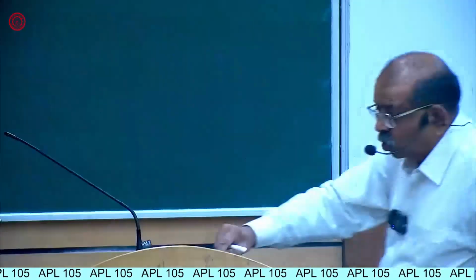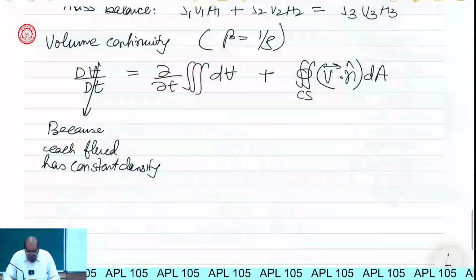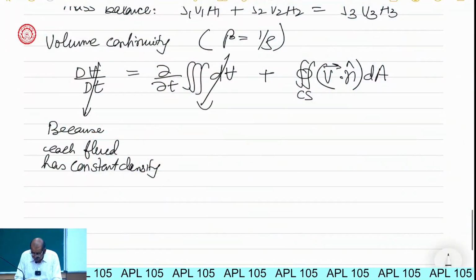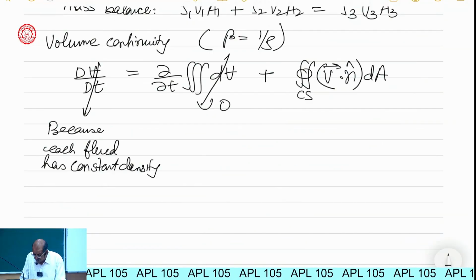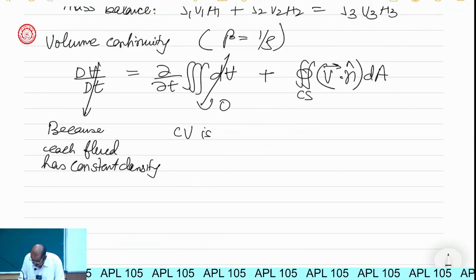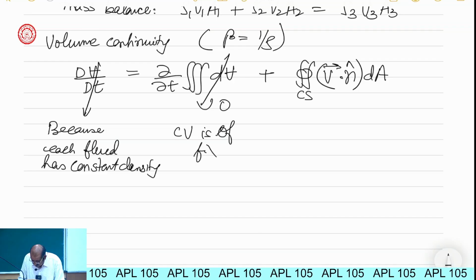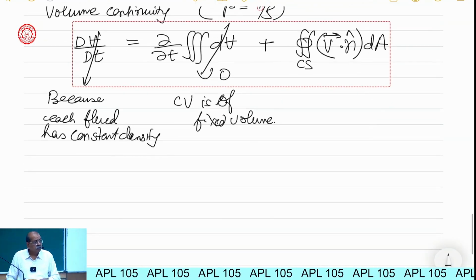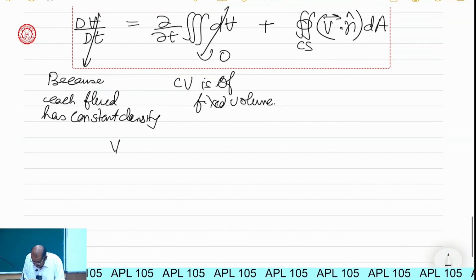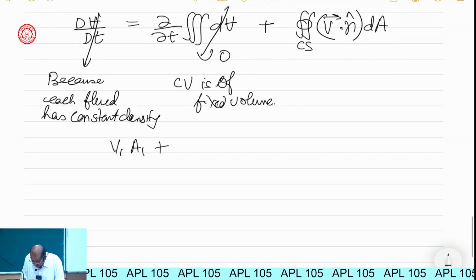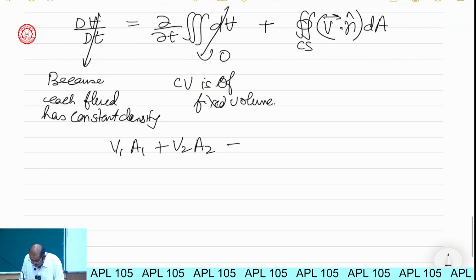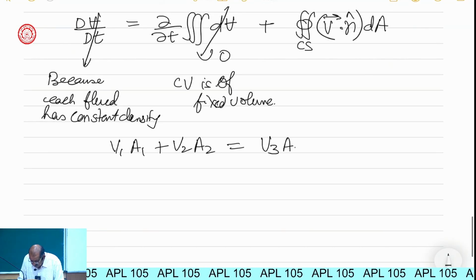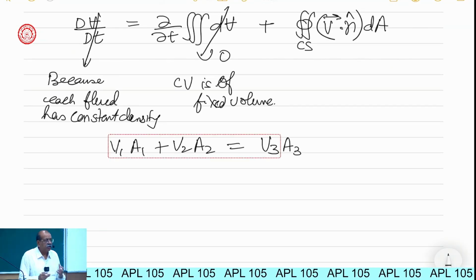Now this control volume which I have chosen is fixed. So this term also becomes 0 because CV is of fixed volume. So what this gives me is V1A1 plus V2A2 is equal to V3A3.